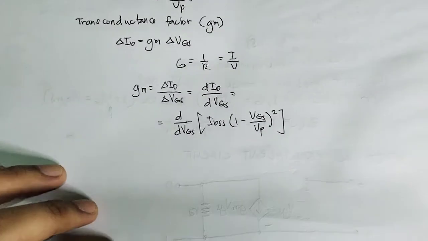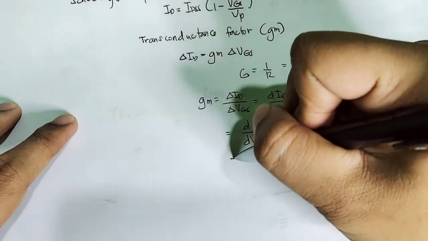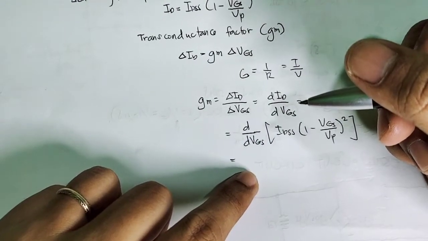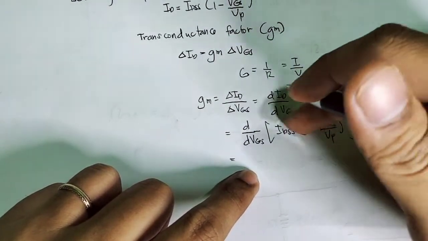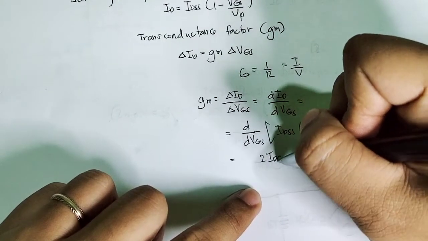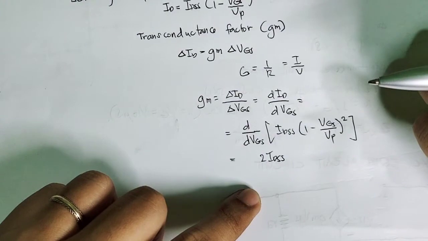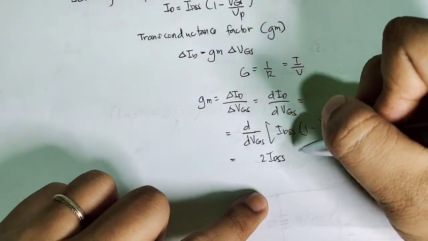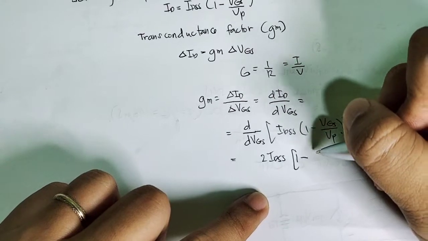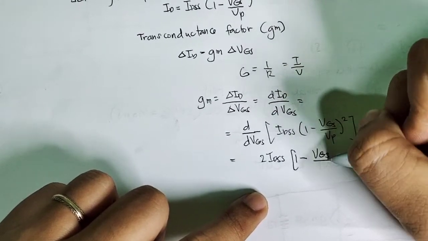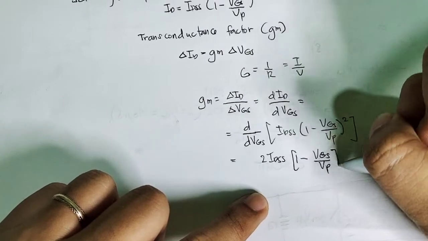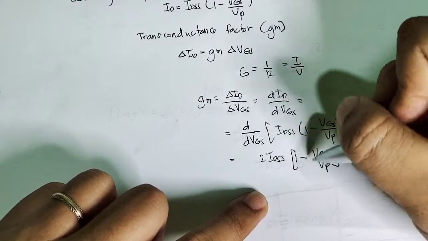So we take the derivative. From your differential calculus class, the derivative of this function is equal to 2 I sub DSS times (1 minus V sub GS over V sub P) times the derivative of this term.